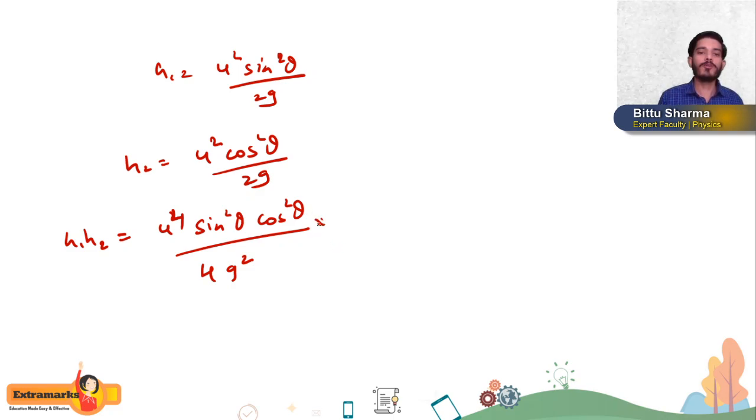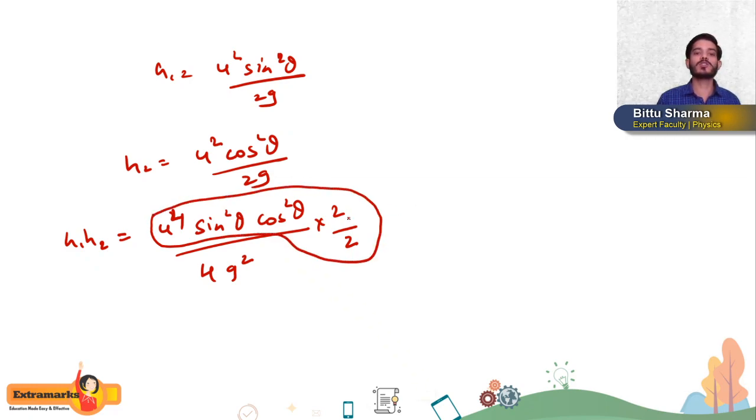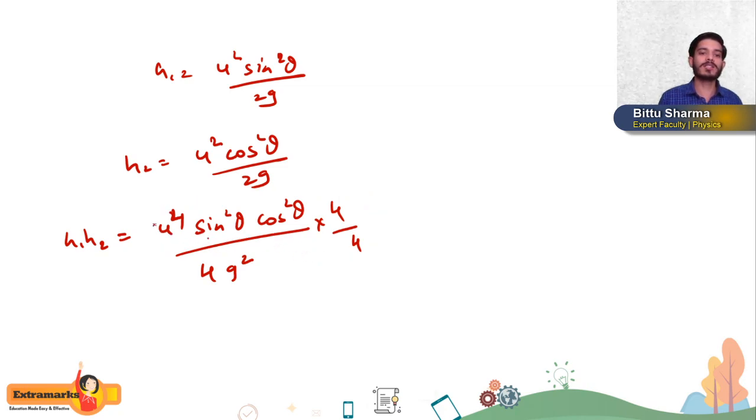Getting or not? Now if you multiply in the numerator and denominator, what is this? This is nothing but R square. Not 2, you have to multiply it by 4. So if you multiply 4 here, this complete will be R square.